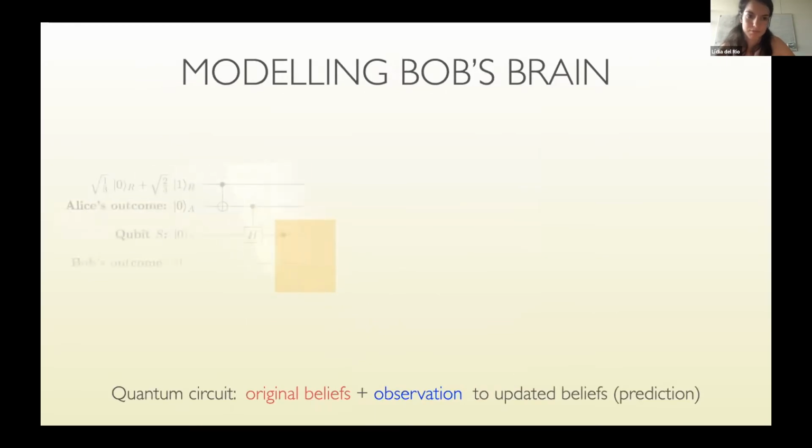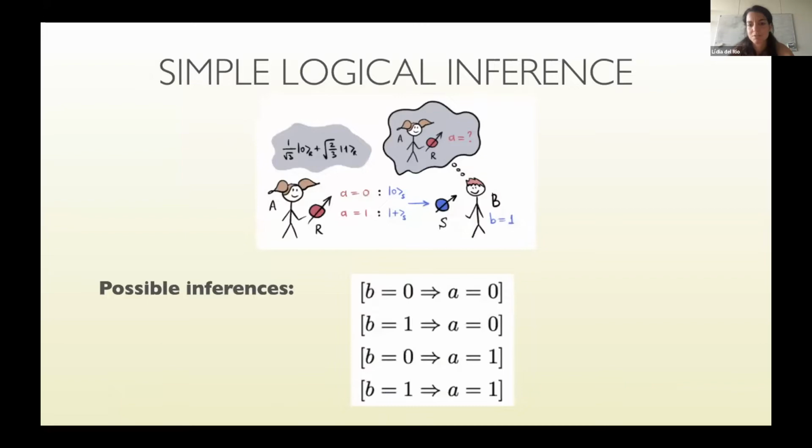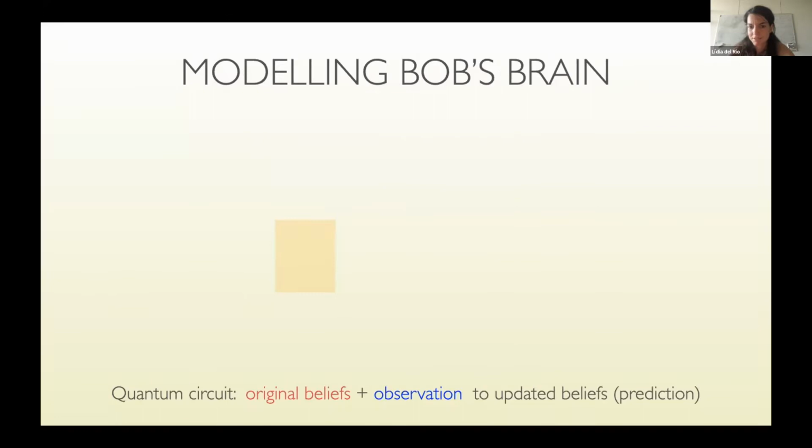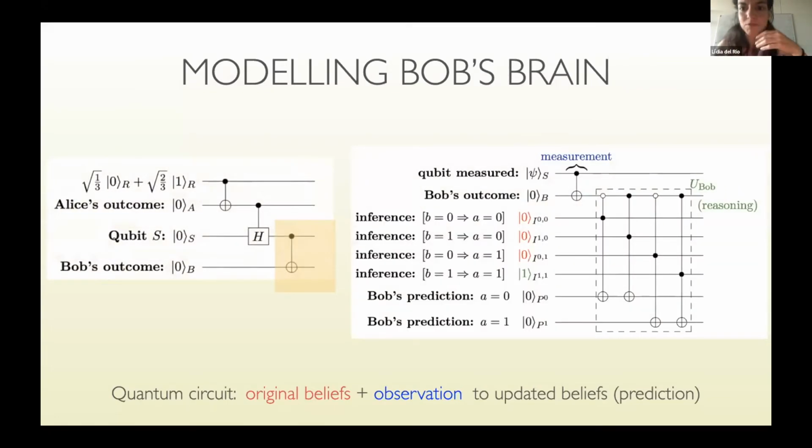Let's now think about how we model Bob's brain as a physical system. We're interested in this yellow part of the circuit. Here's the idea. He has these 4 possible inferences, which are possible beliefs of Bob, and he knows that only the last one is true and all the others are false. So we'll include this. Now we expand Bob's brain.